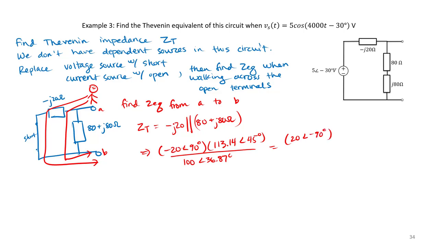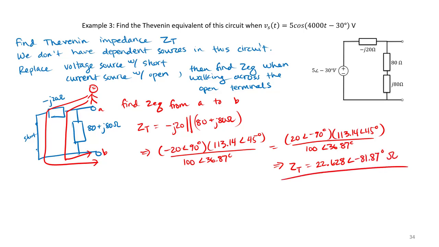Rotate that phasor by 180 degrees. And all I need to do now is just multiply the top, divide by the bottom. And if I do that, I determine that my Thevenin impedance is going to be 22.628 angle negative 81.87 degrees ohms.